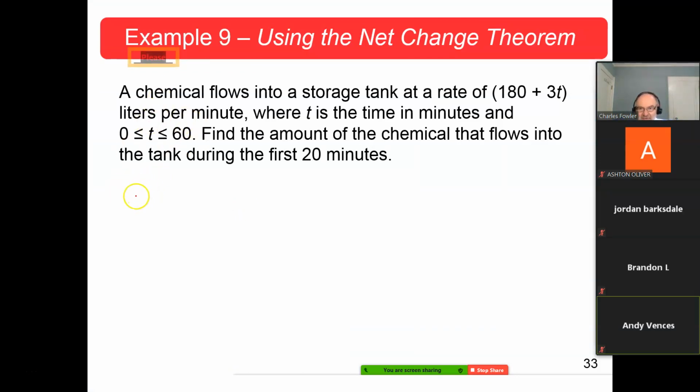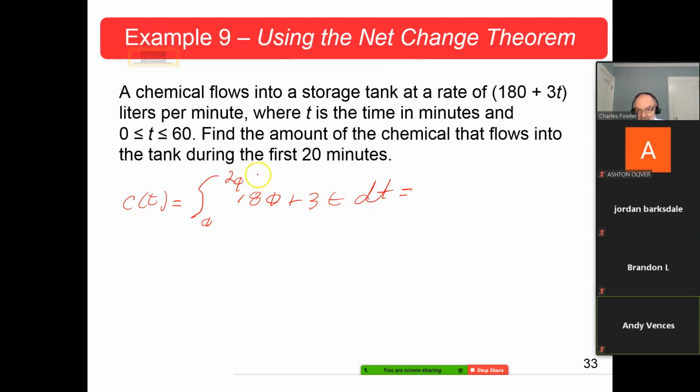I got too carried away with myself here. The amount of chemical C of t, that's what we're calling it, and this will be C of 20 by the way, is the integral from 0 to 20 of 180 plus 3t dt.